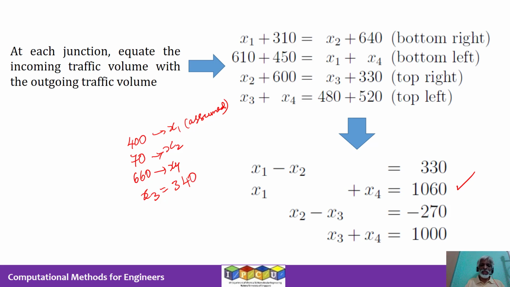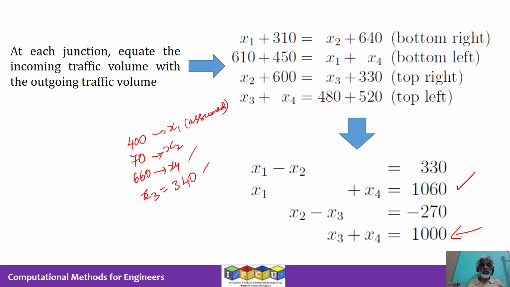All right. And then when you take the value of x3 and x4, you get 1000, which is consistent with what you see here. So the point is, if you assumed x1 to be equal to 400, you can compute the other 3 values. So you can do this by assuming anything. So you can assume x4 to be a certain value and then get the others.